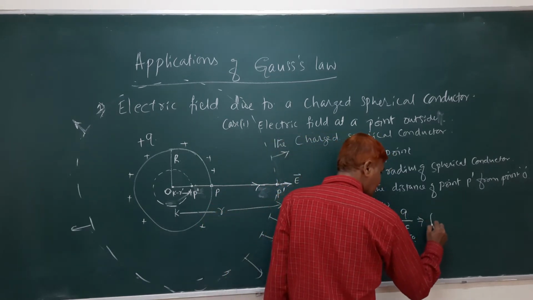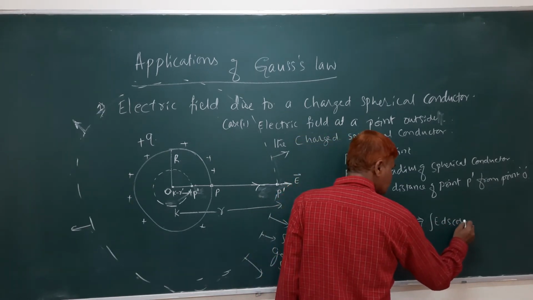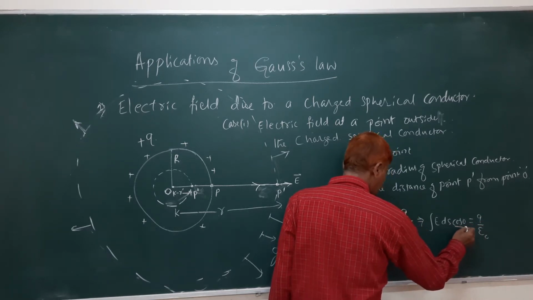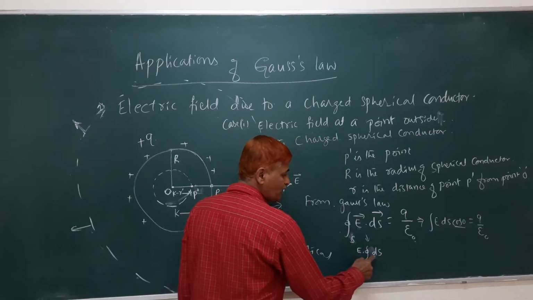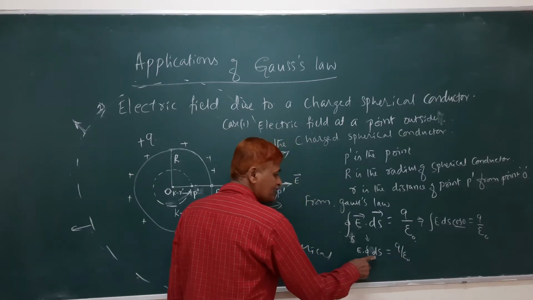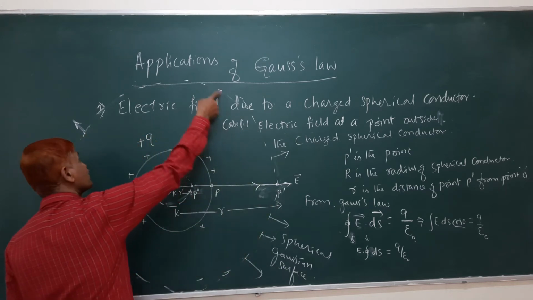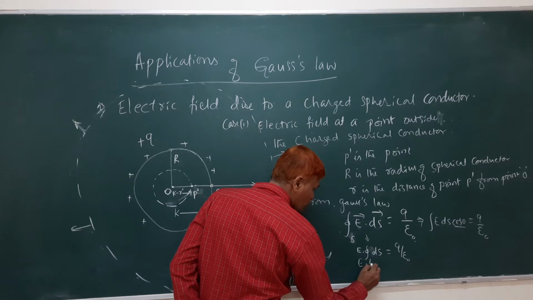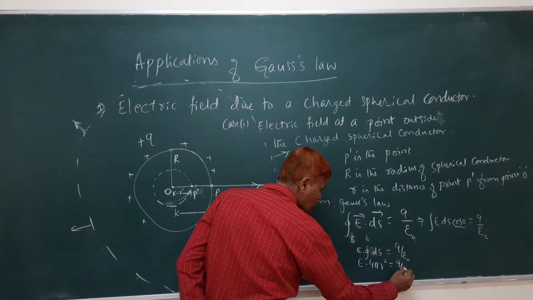You can write E dS cos 0 is equal to q by epsilon, and cos 0 is 1. Taking E outside, E into the integral of dS is equal to q by epsilon, and the surface area of this imaginary Gaussian surface is 4 pi r squared. So E into 4 pi r squared is equal to q by epsilon.